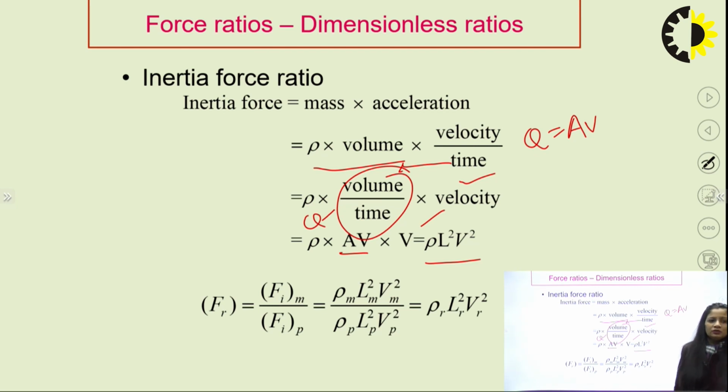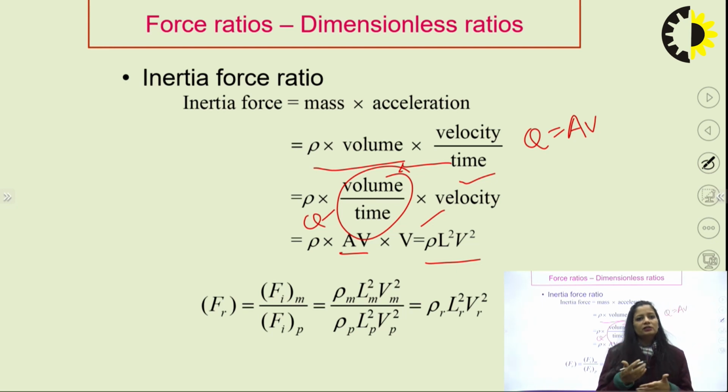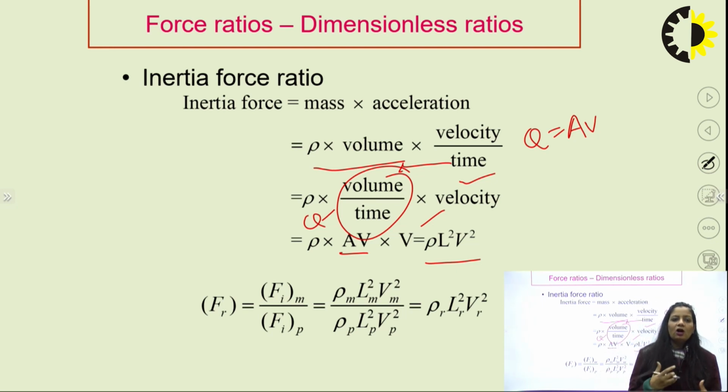Whenever we write the inertia force ratio for model and prototype, how are we going to formulate it? Like this. Fr, force ratio, or you can say inertia force ratio. So Fi model divided by Fi prototype.